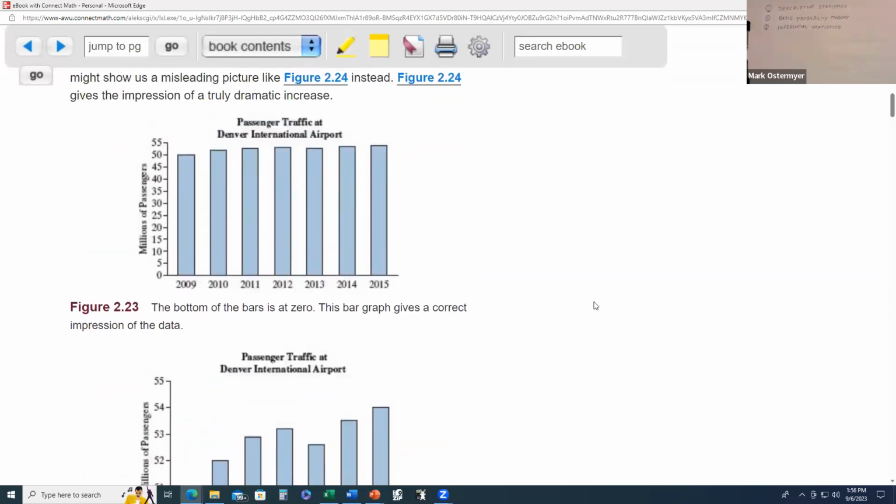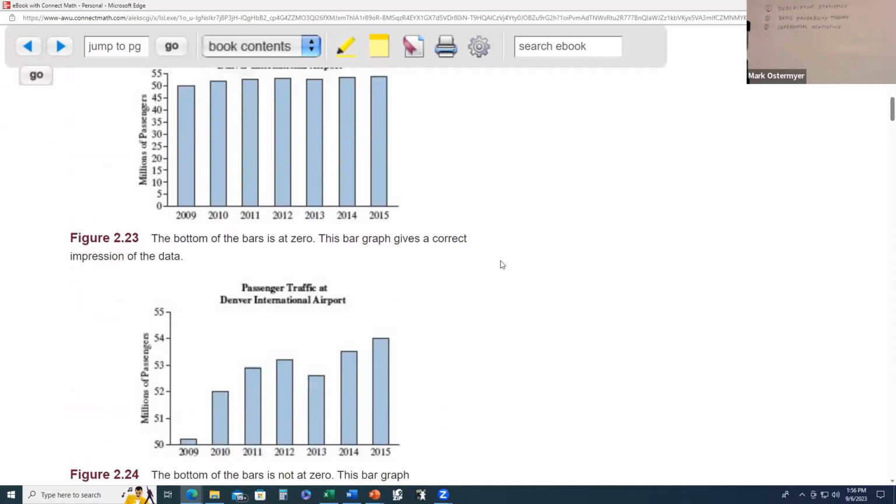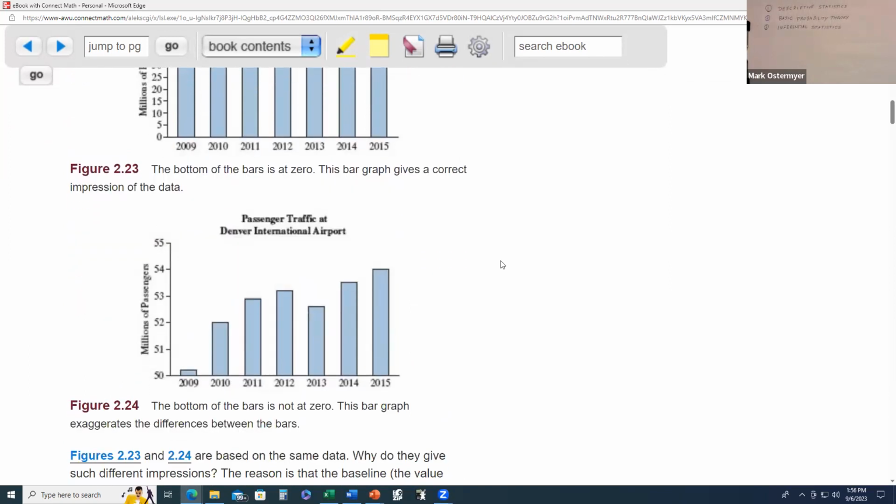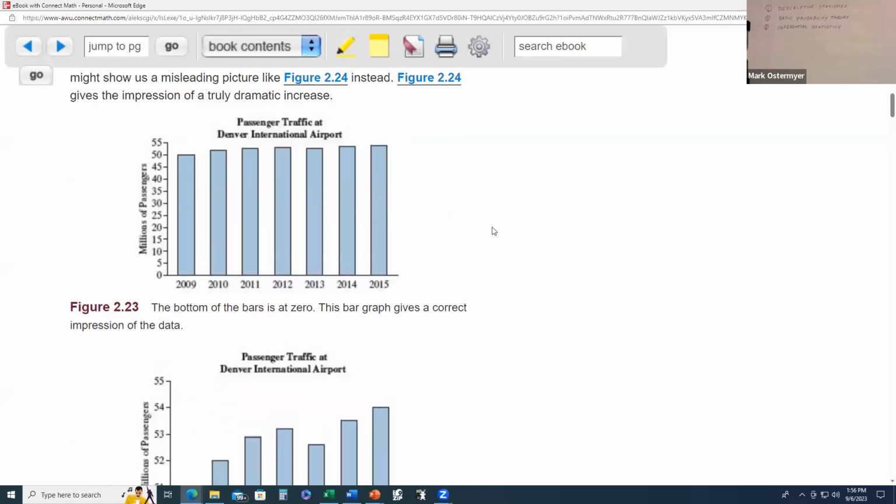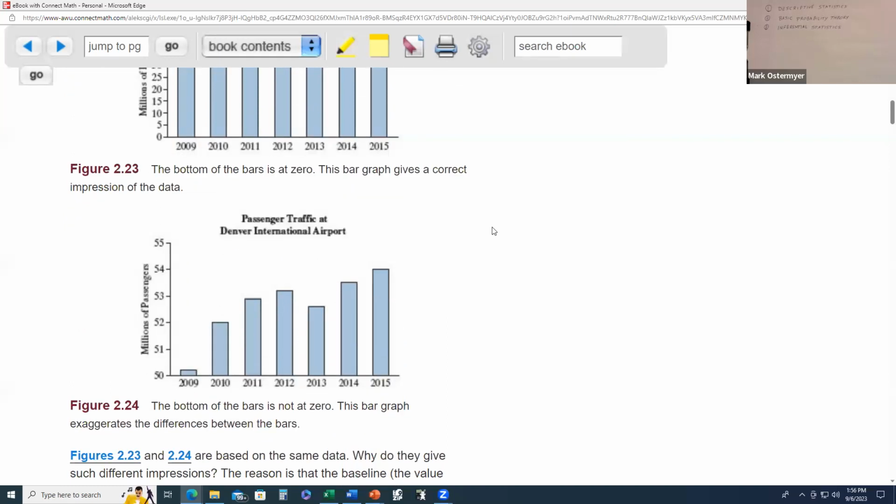All right, ladies and gentlemen, here are two bar graphs that pertain to passenger traffic at the Denver International Airport for various years, 2009 through 2015, in millions of passengers. Now, which graph appears to show that there's a huge difference in the passenger volume versus years? The top graph or the bottom graph?